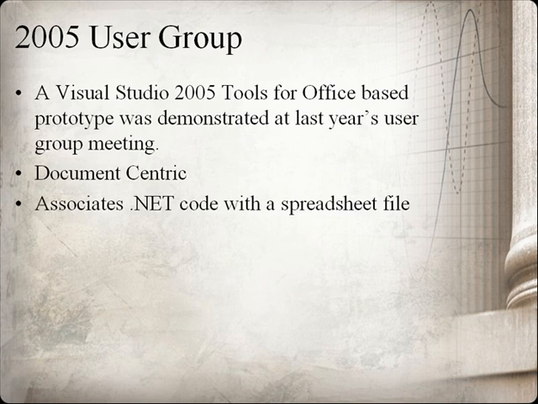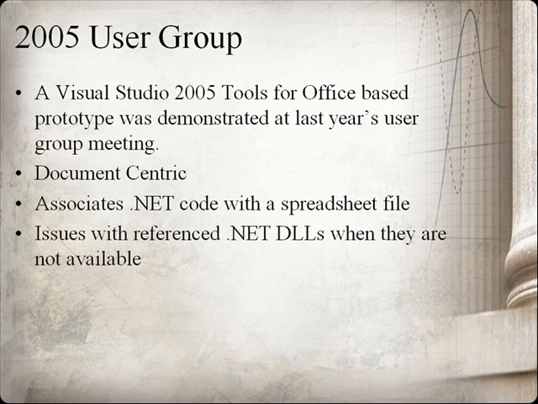And the problem with that is that you've got a tight linkage between the code and the spreadsheet. So if you pass that spreadsheet around to someone who doesn't have that package installed, when they open the spreadsheet, they'll get this nasty looking dialogue saying something about DLLs, and that's just not useful for an end user. They don't care about DLLs, they just want to open the spreadsheet.